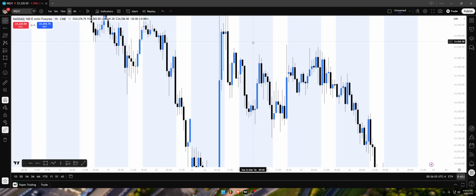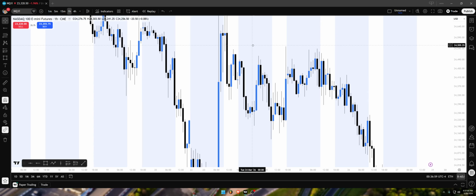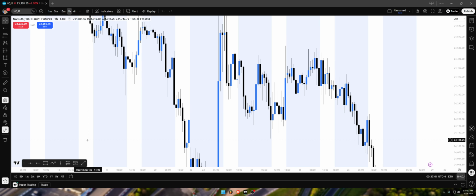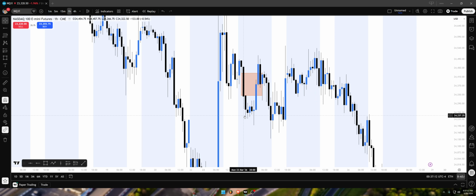Now, obviously, these fair value gaps don't always get respected. Sometimes they get disrespected, and this is called a fair value gap inversion. Okay, so we can see here we have a 1 hour bearish fair value gap. And then a couple hours later, price decides to disrespect this range and close above it.